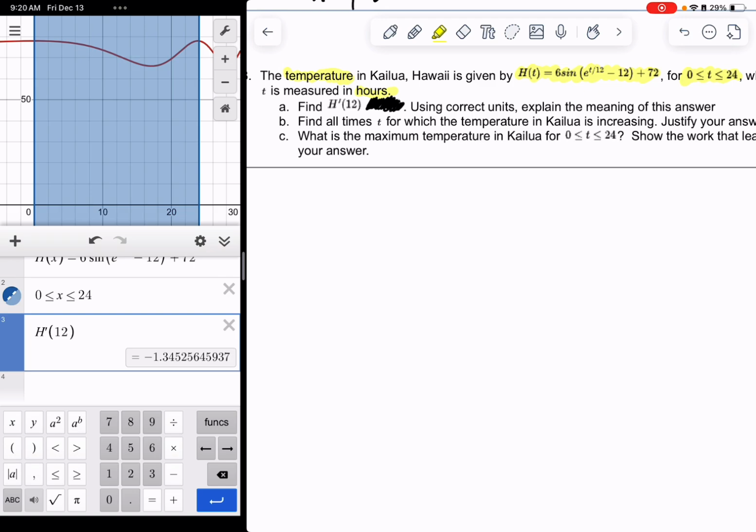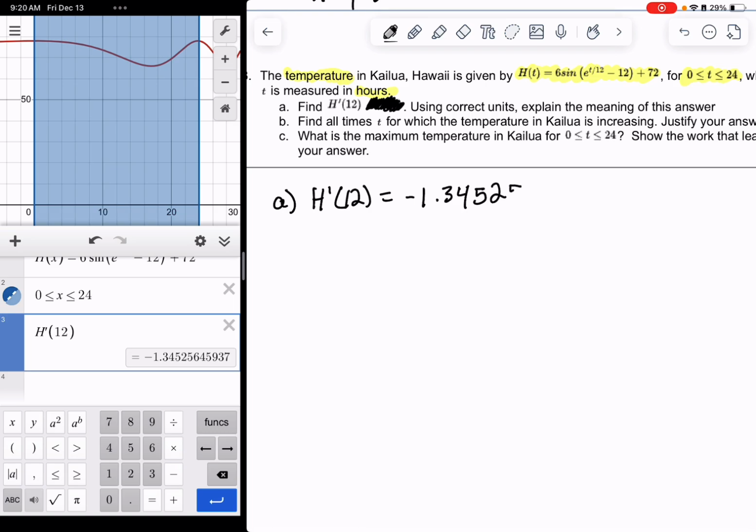For part A, let's put us back into pen mode, h prime of 12 is going to be equal to negative 1.34525, or 526 if we want to round it off.